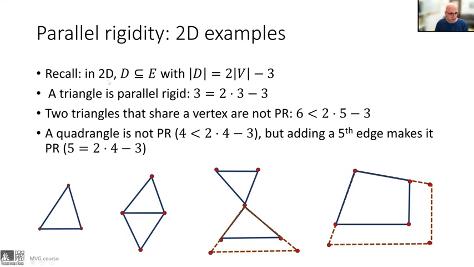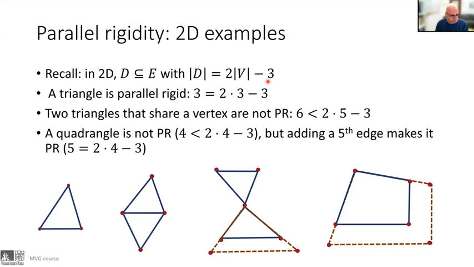Okay, so we're talking now about examples in 2D. We need a subset of the edges such that the number of edges is 2 times the number of vertices minus 3.